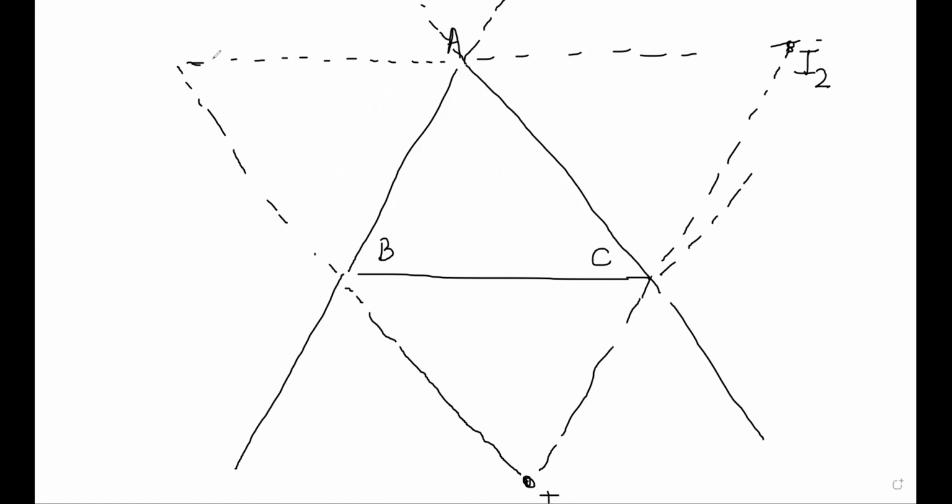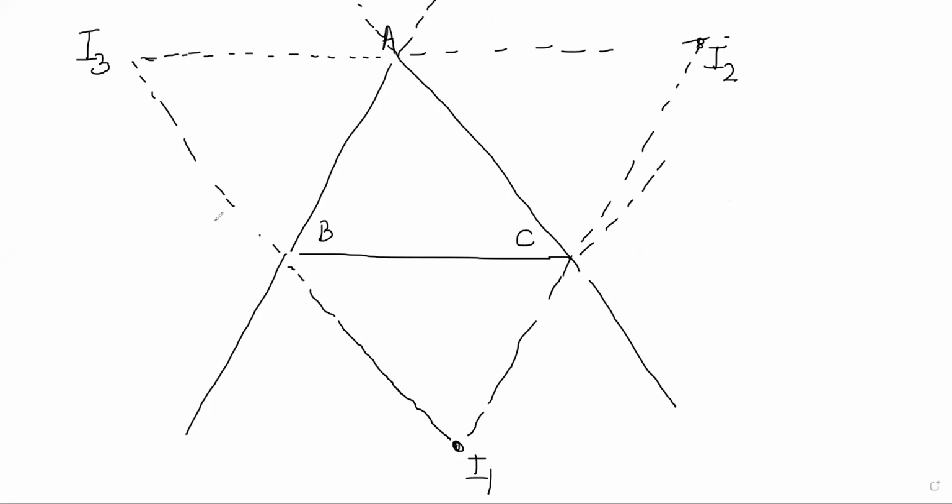This is your I3. You are being asked the angle I3, I1, I2. This is very easy. This is 90 minus B by 2 and 90 minus C by 2, same angles. So this has to be B by 2 plus C by 2, right?